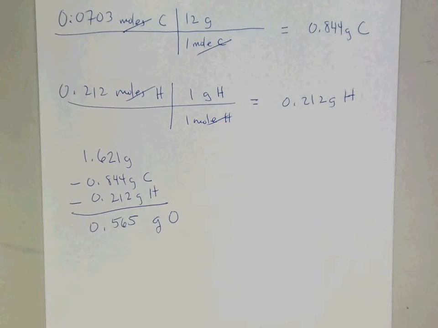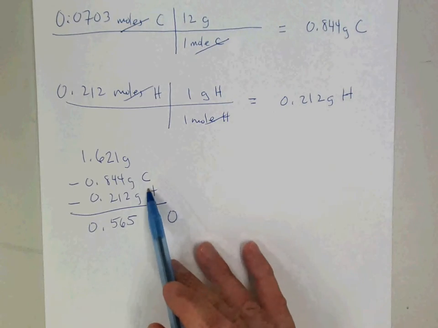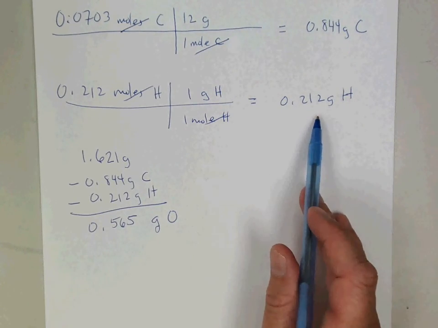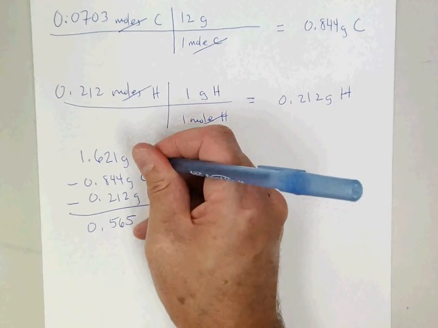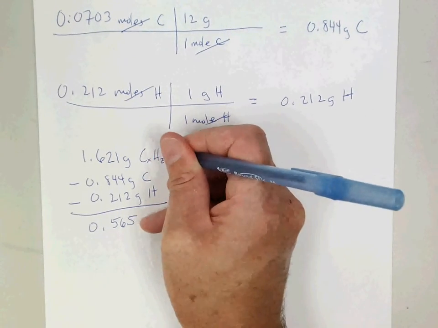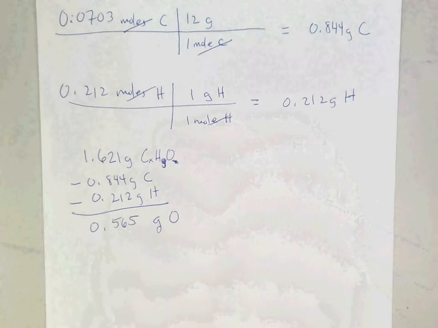Hopefully you saw how I did that. Okay? Mass of carbon here, mass of hydrogen here, and then I subtracted it from the total mass of the compound. This was CxHyOz. Remember, this is what we started with.